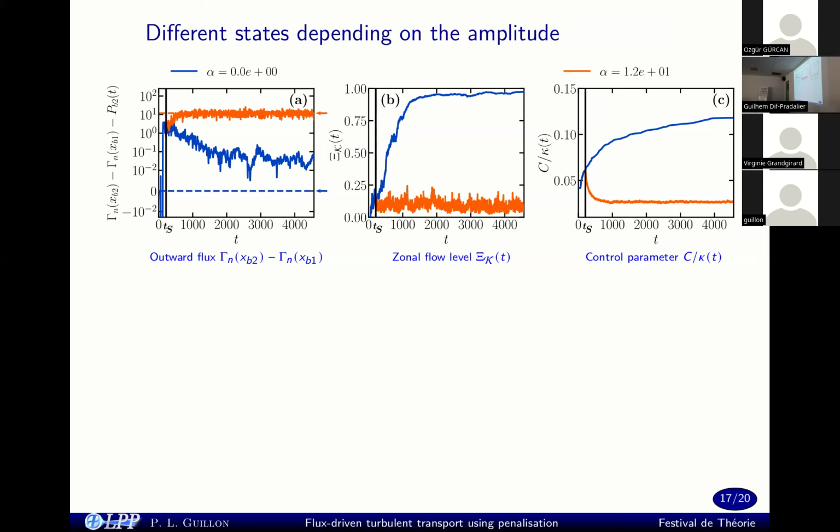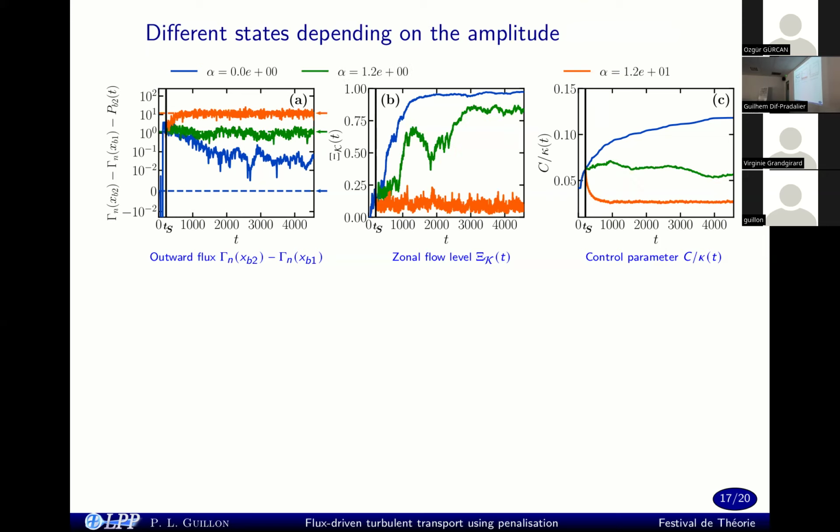On the contrary, here, if we have the strong source amplitude, we have a very low level of the zonal flow, and this is because we steepen the profile very quickly, and we never form zonal flows, and we are in this strongly turbulent state, okay, way below the transition point.